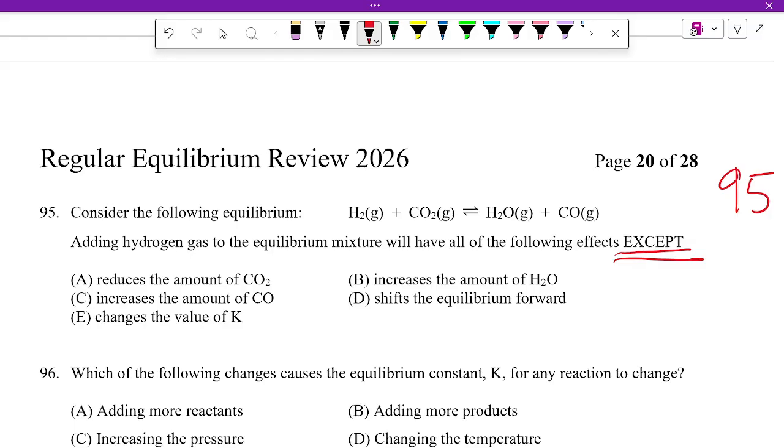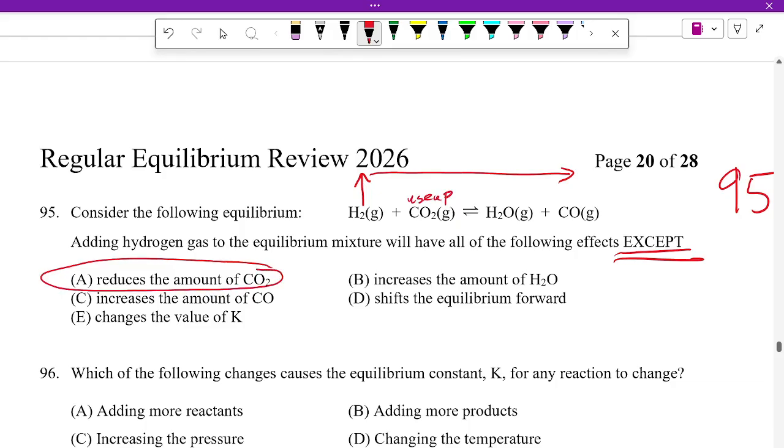Adding H2 to the equilibrium mixture will have all of the following effects except, well, if we go there, it's going to shift to the right, which is going to use up CO2, so it will reduce the amount of CO2. So that is correct.